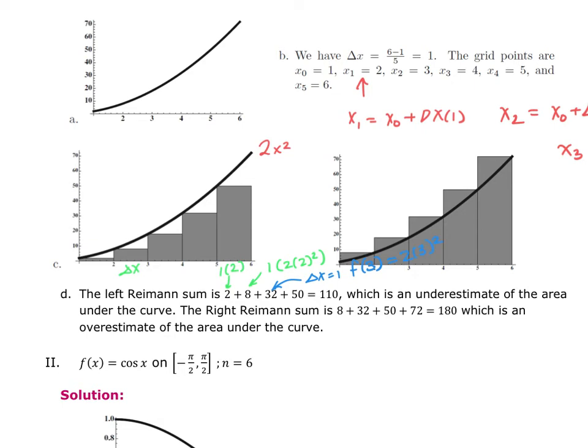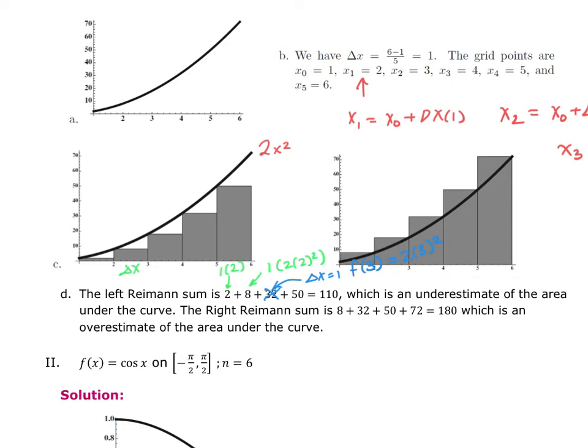So 2 times 3 squared should give me not 32. That should give me 9 times 2, which is 18. So that's not right. And then I put in my next one, which is 4, and etc. So my approximate area with the Riemann sum would be the summation of these numbers.